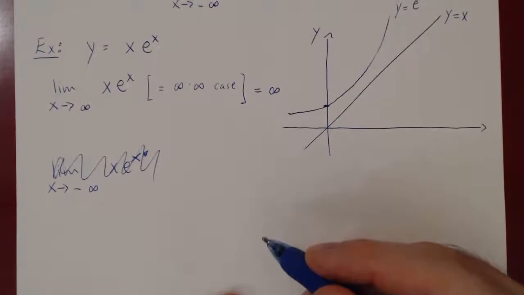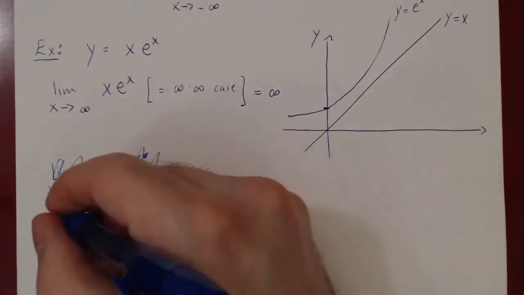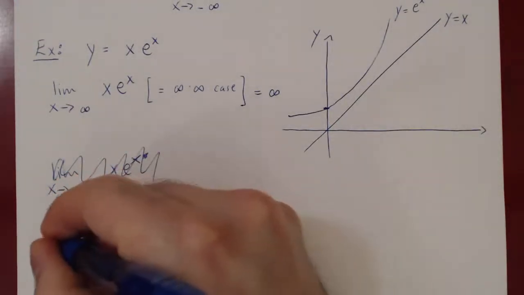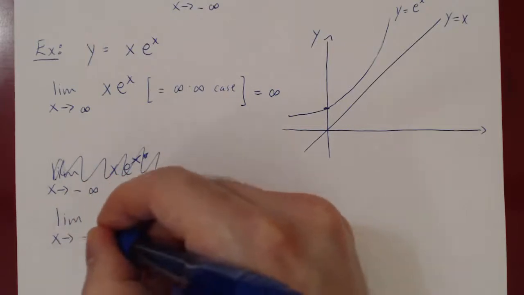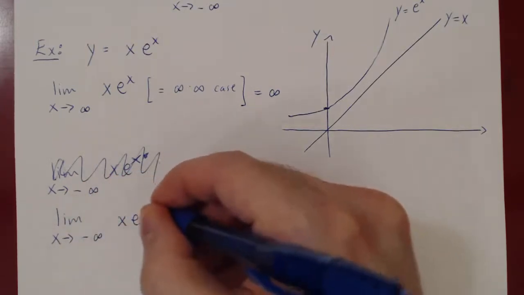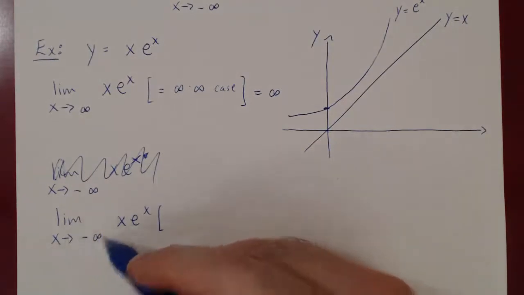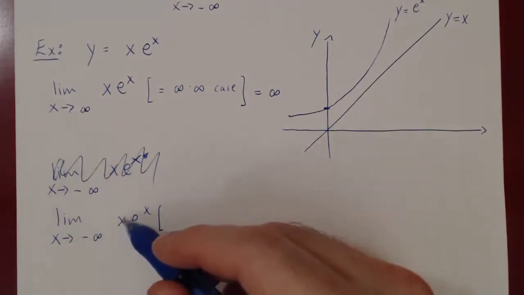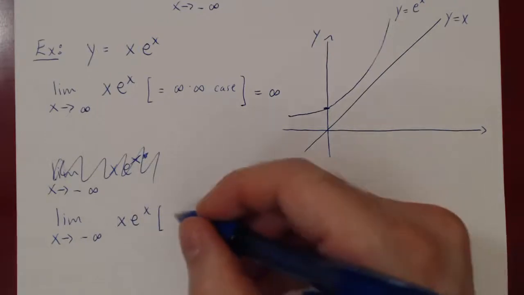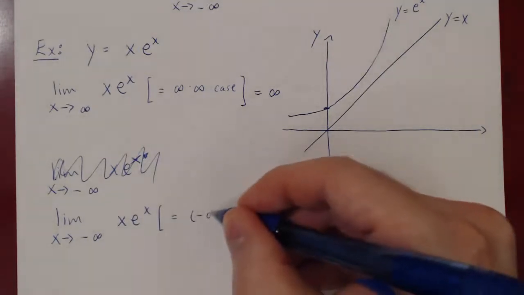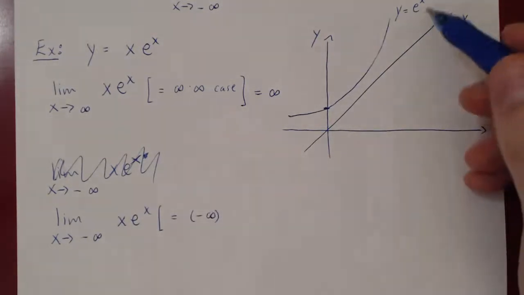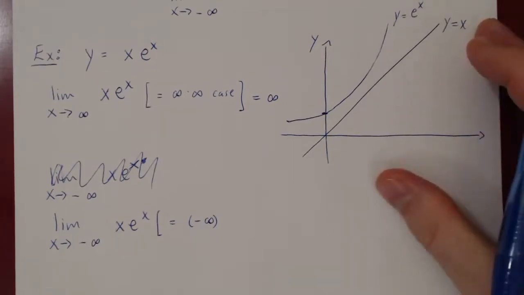Let me rewrite this. The limit as x approaches negative infinity of x times e to the x. Let's look at our case. As x goes to negative infinity, x goes to negative infinity. But now look at the graph of e to the x.